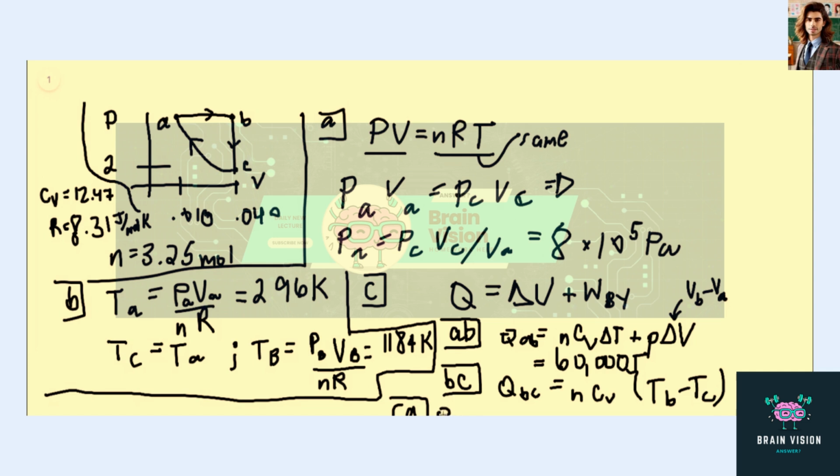Then Q is equal to, let's see. Okay, it's isothermal, so our delta T term dies.